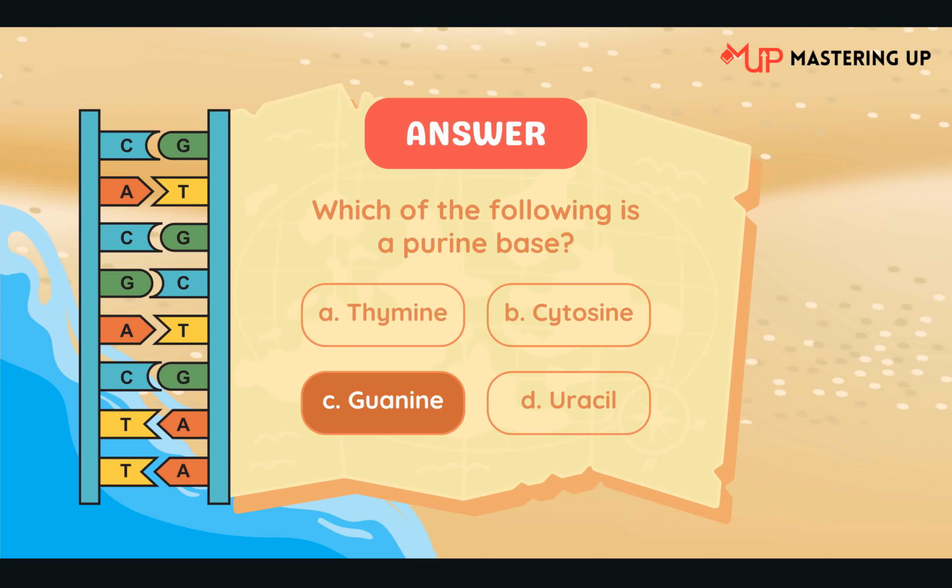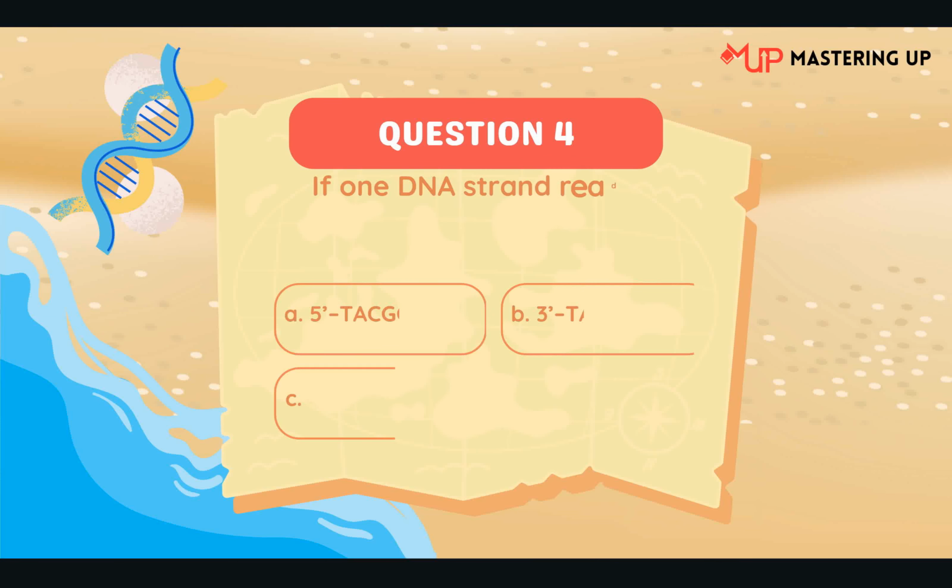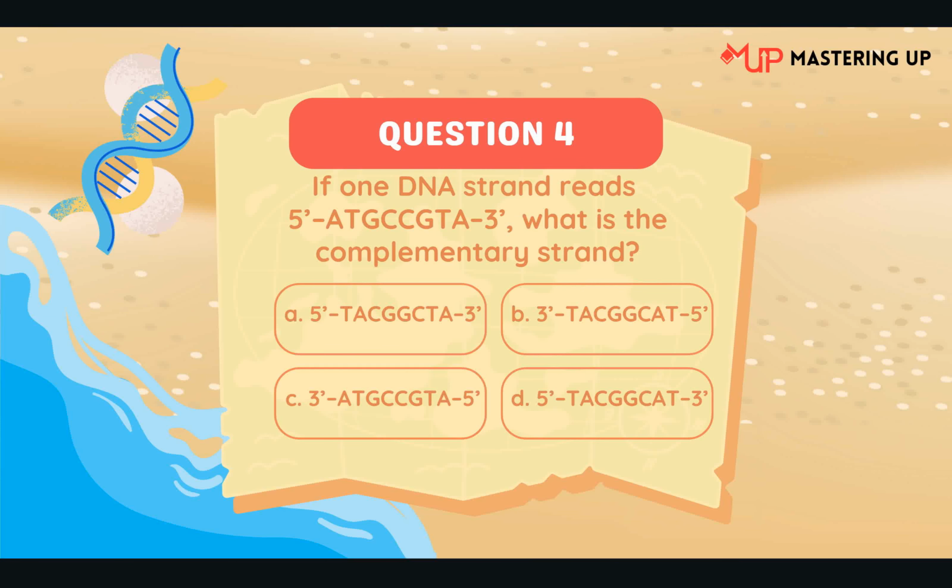Let's move on to question number 4. If one DNA strand reads 5' AT GC CG TA 3', what is the complementary strand? You have to say the complementary strand for this DNA strand.